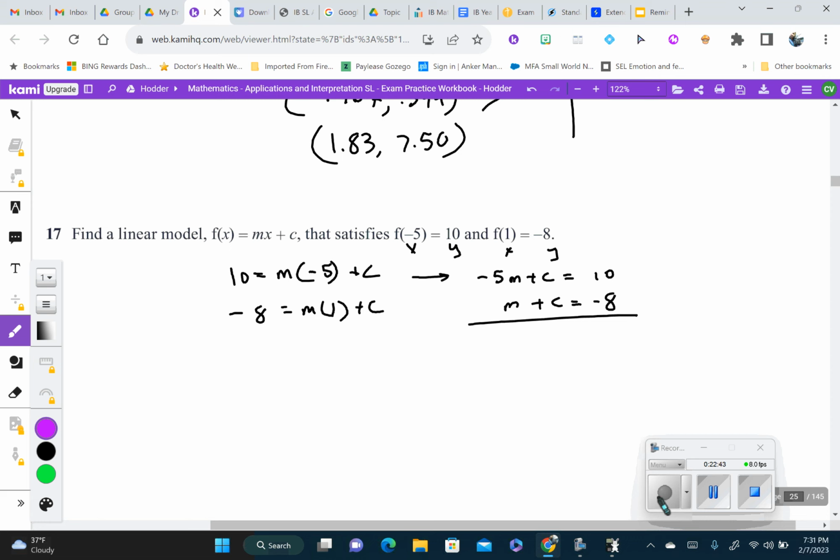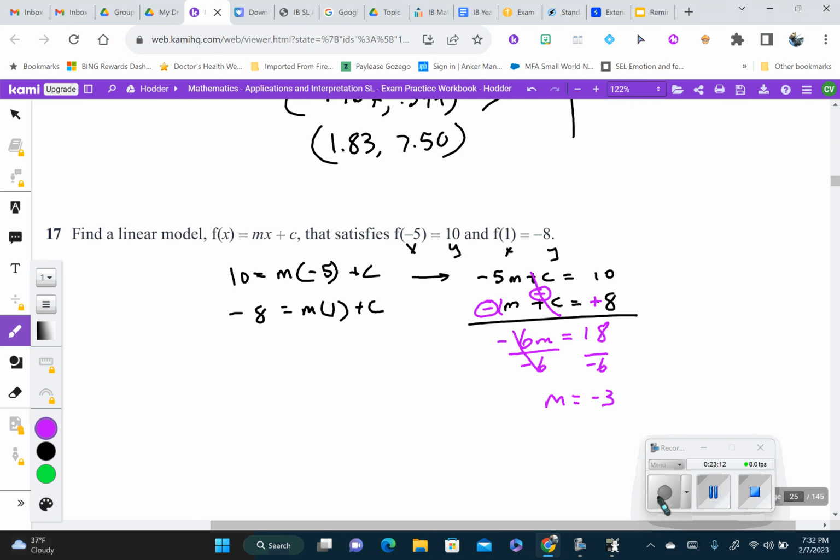I'm going to show you how to do this by hand in case this is quick for you. So I can see that if I subtract these two right here, this will turn negative and the c's will cancel out. So I want to change each of my signs. So negative right now becomes a positive. So negative 5 and negative 1 is negative 6m is equal to 10 plus 8 is 18. Divide both sides by negative 6, and you get m is equal to negative 3.